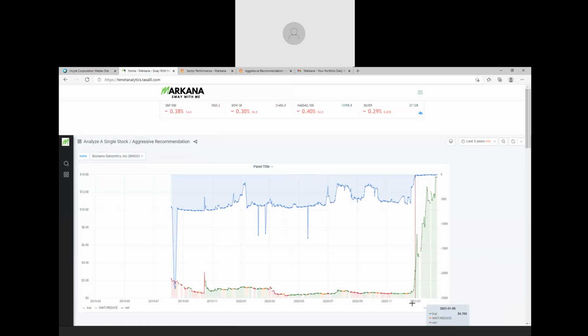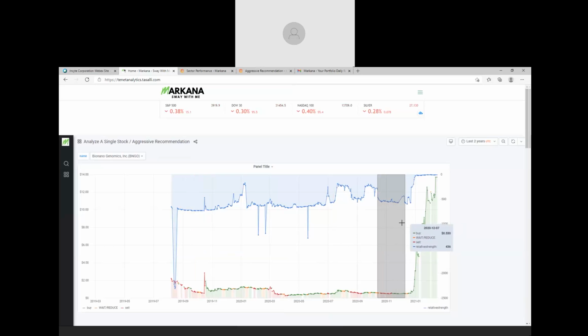So this is how our recommendations changed for Bio-Nano Genomics. If you see this, on the relative strength front, this is one thing that I focus on in my reports. Historically, the relative strength was at its lowest in this period.